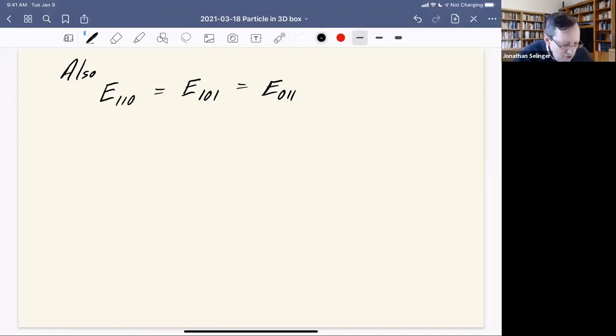So these are 3 states that all have the energy of h bar squared pi squared over 2ma squared times 2, 1 squared plus 1 squared plus 0 squared. But by comparison, E sub 1, 1, 1 is not degenerate with anything.